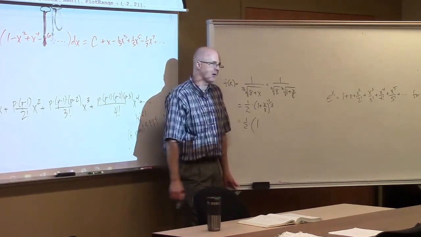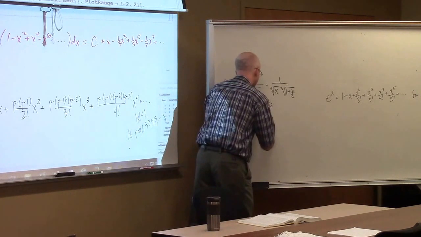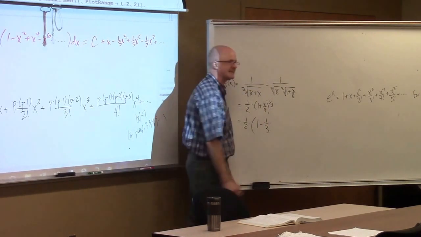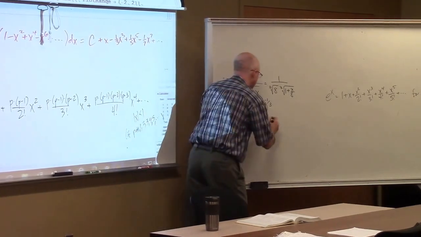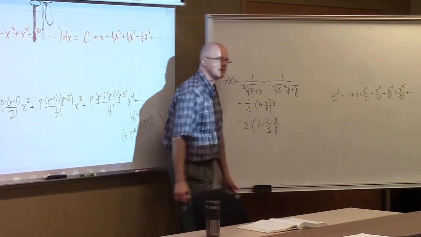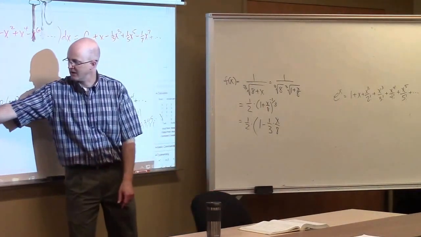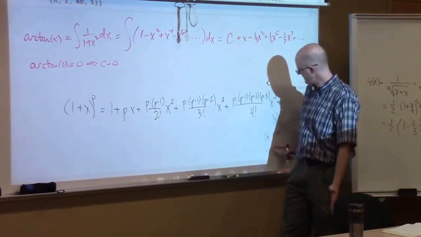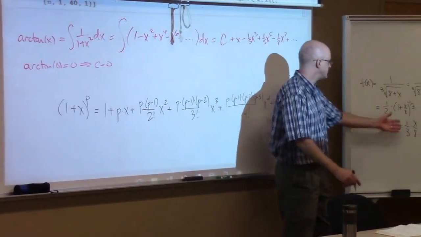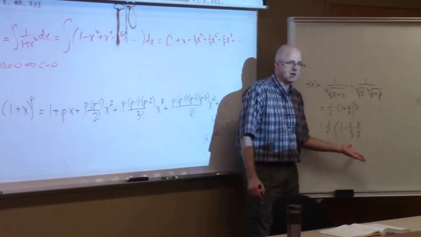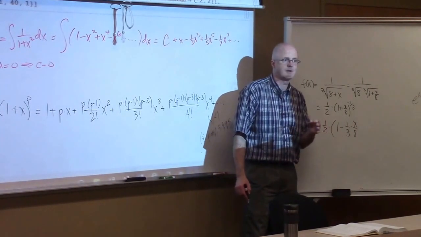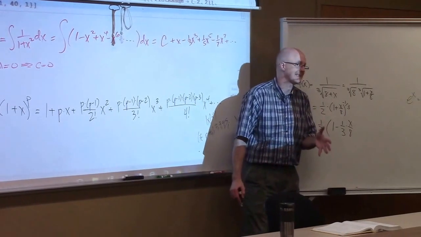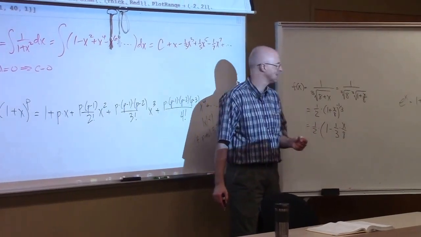P is negative 1/3. X is not x, it's x over 8. I'm replacing the x here, which is just a symbol that must be less than 1 in absolute value, with a new symbol, x over 8. That must also be less than 1 in absolute value, so x itself must be less than 8 in absolute value.